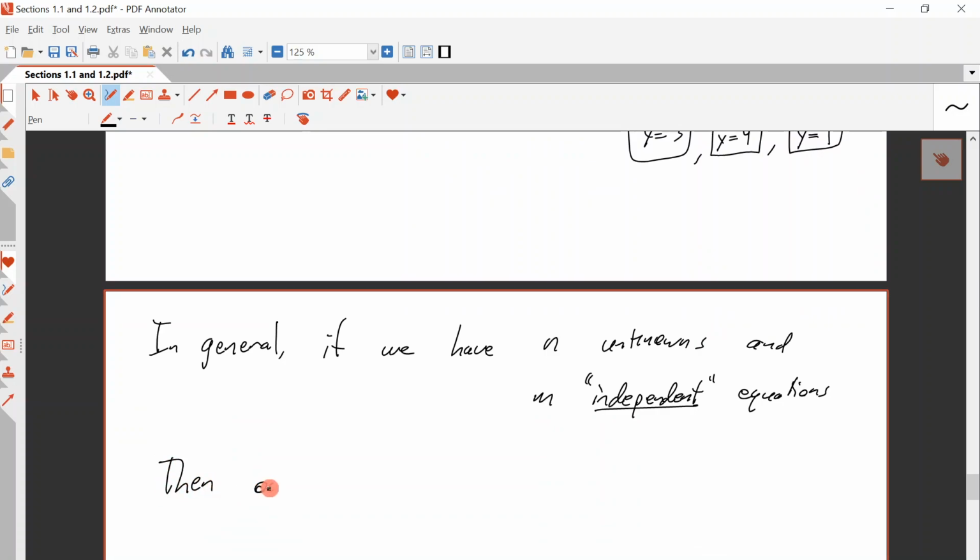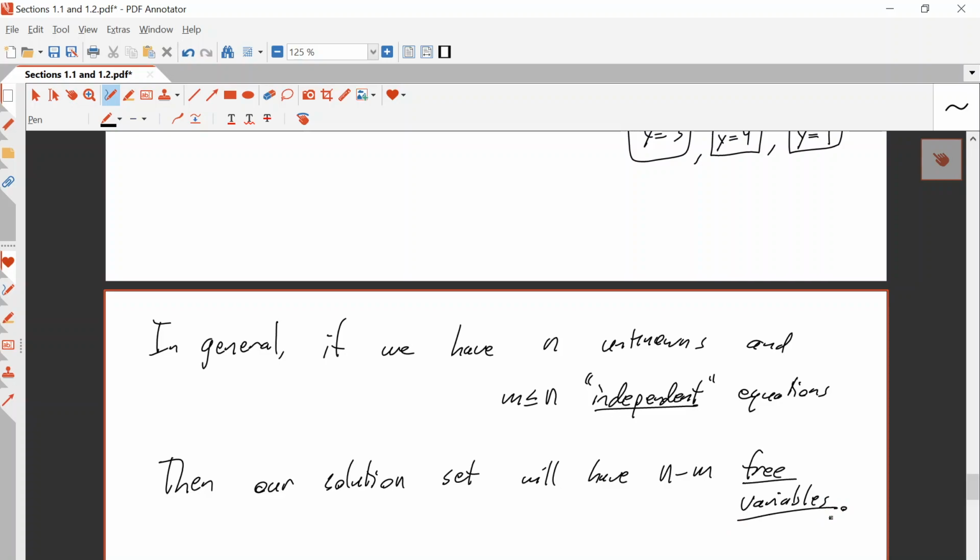Then, we'll say m is less than or equal to n. If m is more than that, then there are additional weirdnesses that happen that we'll talk about later. Then our solution set will have n minus m free variables, like in this previous example.